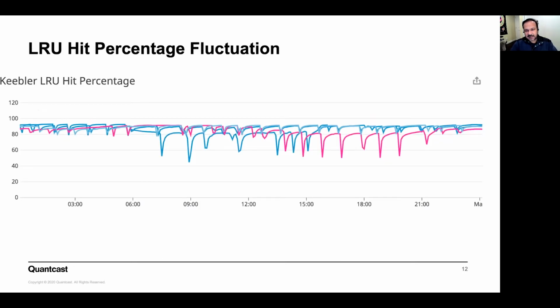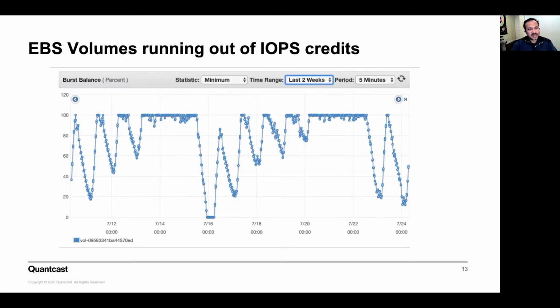What we had noticed is that during peak traffic, the cache hit percentage would deteriorate, and this would lead to higher latencies from Keebler during key lookups. The other problem that we would run into quite a few times is the EBS volumes running out of IOPS credit.